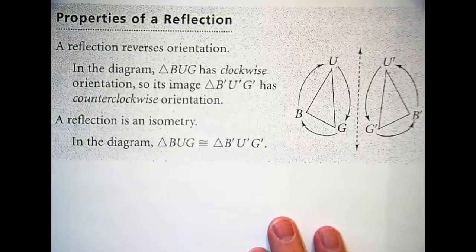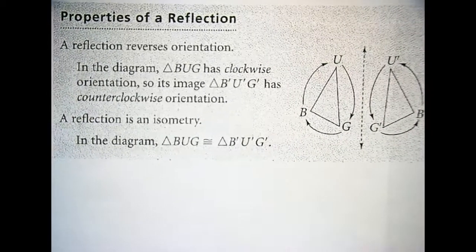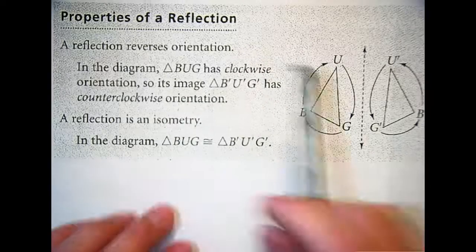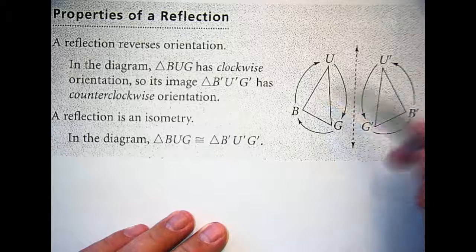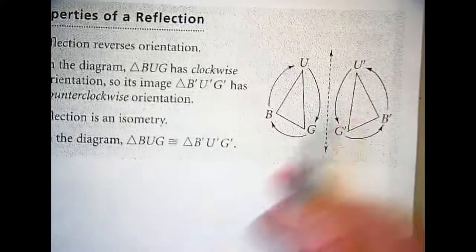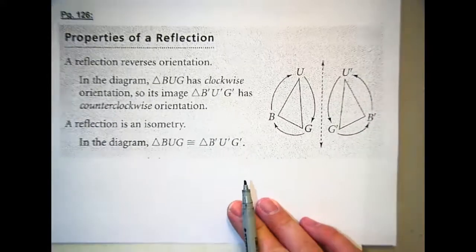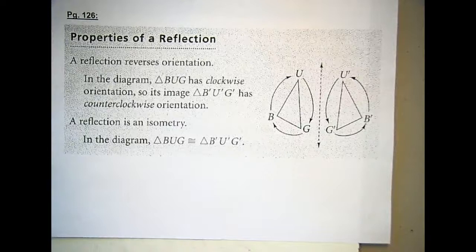This is something that's going to come into play quite a bit when we're going through our transformations. If you look at the orientation of a figure after a reflection, you'll note that, if I've reflected BUG into B prime, U prime, G prime, very creative there.